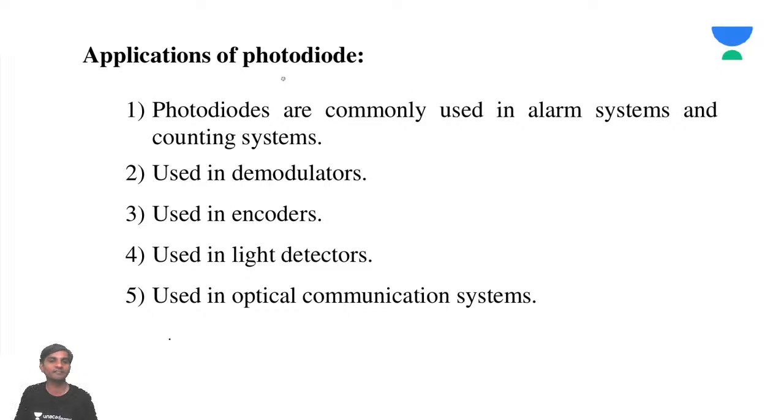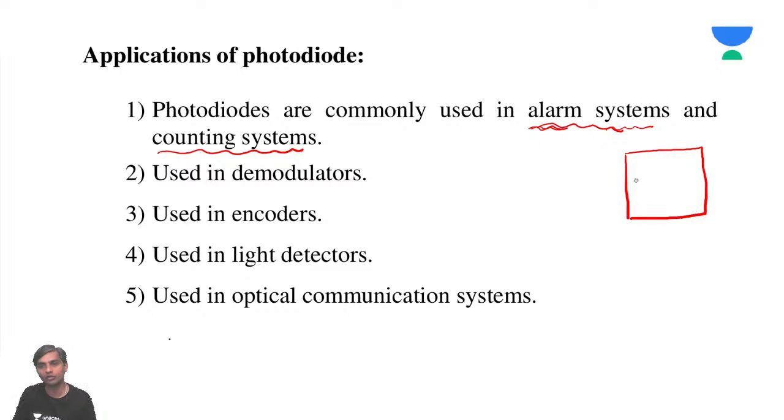What are the applications of a photodiode? Photodiodes are commonly used in alarm systems and counting systems. What is an alarm system? Let's say there is a bank, or let's say in your room you have a secret room.